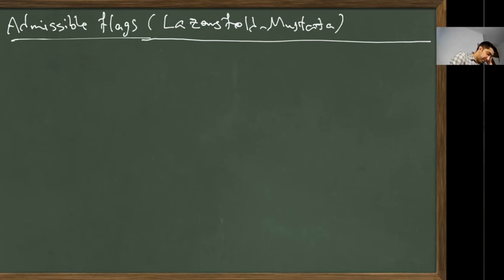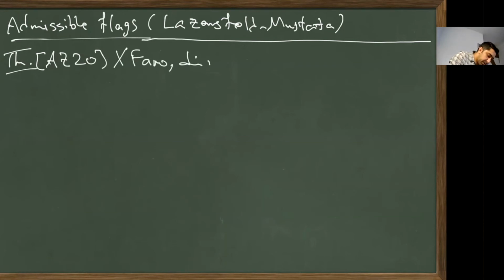Anyway, one theorem that I'd like to show you at least, again comes from AZ20. I'm still in the previous year. So as before, X is Fano, and dimension is n, and take L to be a line bundle on X with -K_X ~ rL.